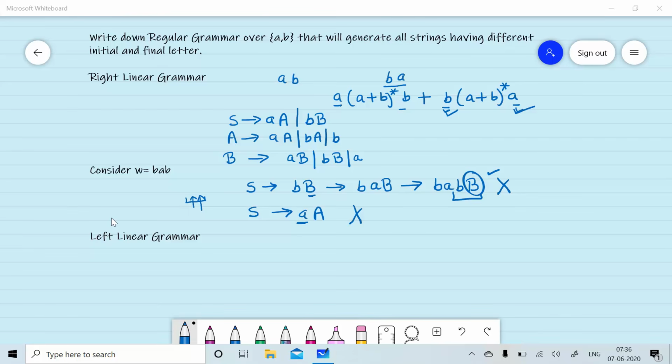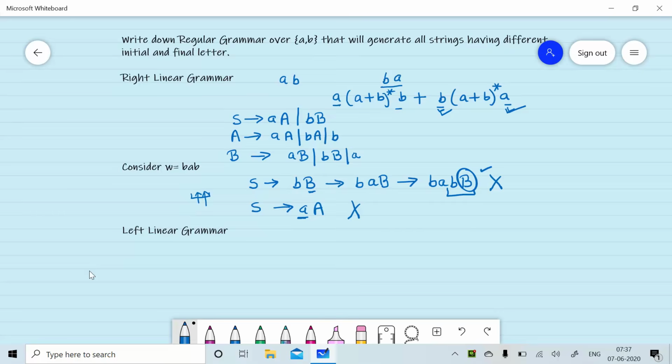Now we will try to generate left linear grammar for the same problem. So in left linear, in case it is ending with b, it must start with a, or if it ends with a, it must start with b. In case of left linear grammar, first we will try to generate the rightmost symbol. So if it is ending with b, we can generate it using this rule.